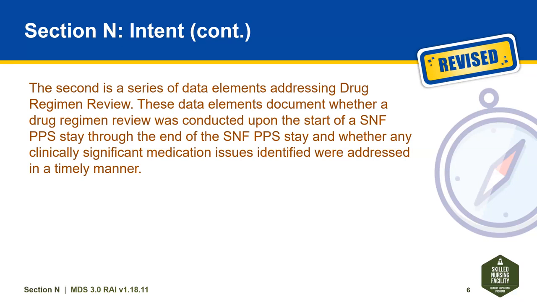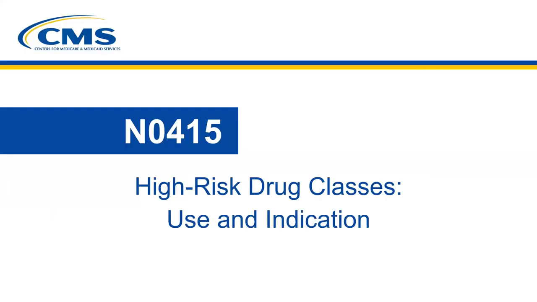These data elements document whether a drug regimen review was conducted upon the start of a SNF PPS day through the end of the SNF PPS day, and whether any clinically significant medication issues identified were addressed in a timely manner.